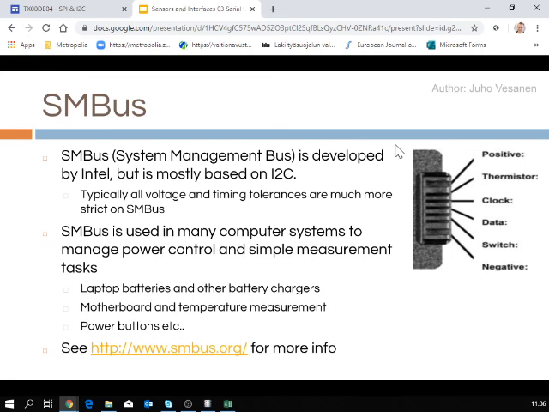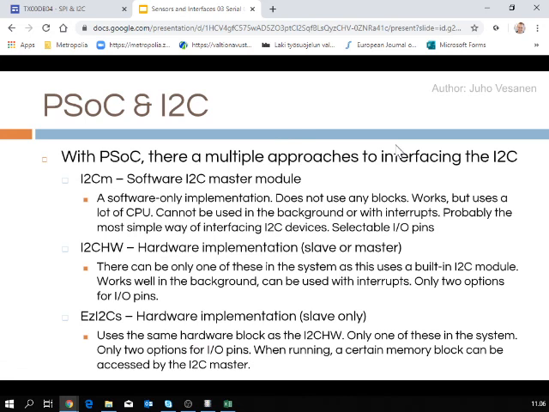It's based on the I2C bus, but it's extended somehow, and it's basically an Intel trademark on SM bus.